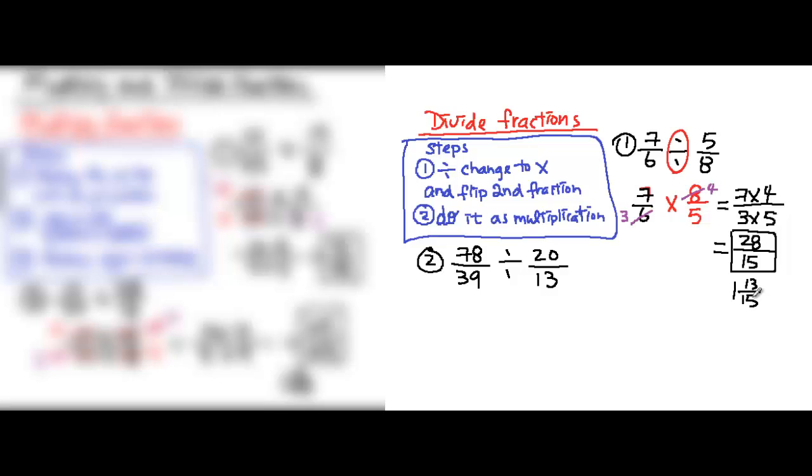And the second example here, again, this is division of fractions, so the division needs to change to multiplication, and we only flip the second term. So 13 over 20. And this first term stays the same. Again, we can reduce top with bottom numbers.